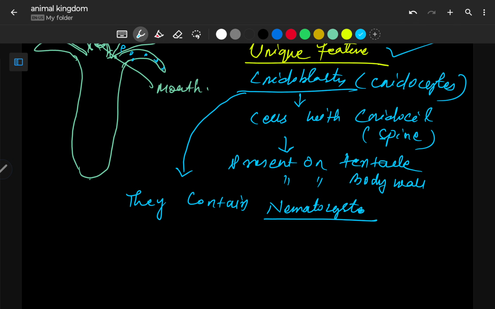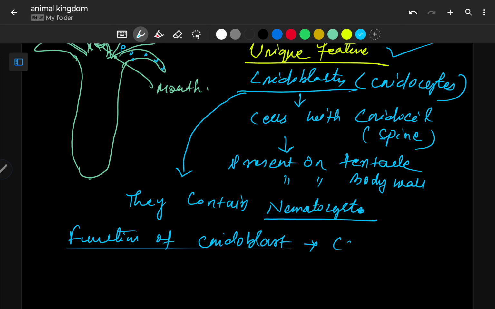Now what is the function of this one? Function of cnidoblast. Okay, इसका function क्या है? Its main function is to capture the food or prey. Okay, and it also protects the organism from the enemy.